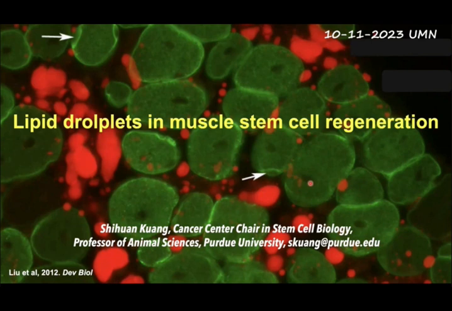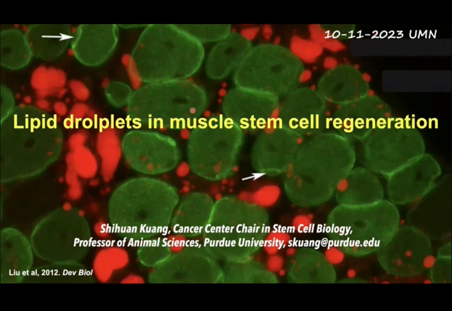So what we are looking at here is a section of a skeletal muscle. All the green cells here are muscle cells, or we call them myofibers. This muscle is a little bit unique in that it is during regeneration.